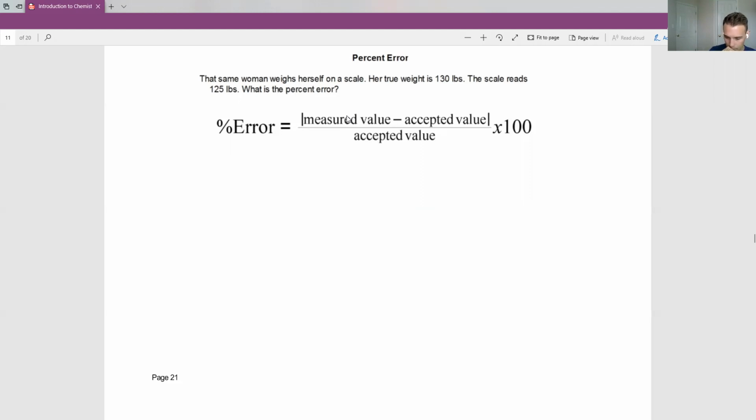Okay. Percent error is equal to the absolute value of the measured minus the accepted, divided by the accepted, and then you multiply it by 100 to make it a percentage. We need an absolute value because your percentage can't be negative. The measured value, for this case, is what the scale reads.